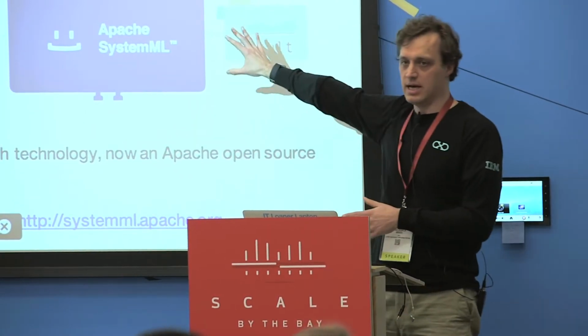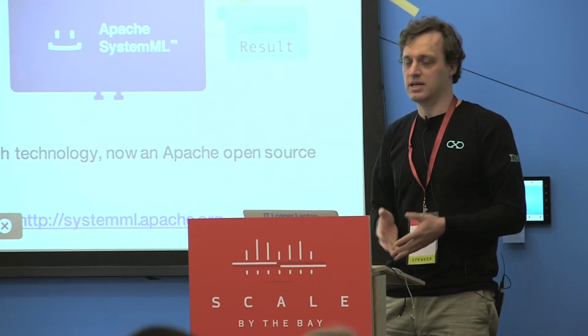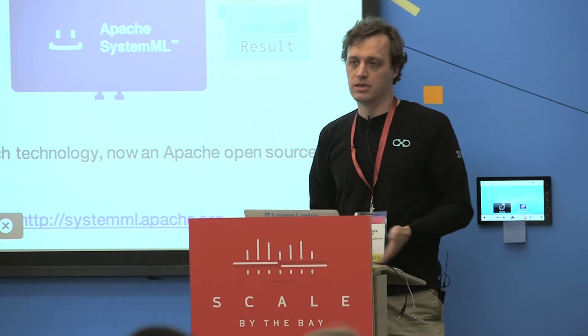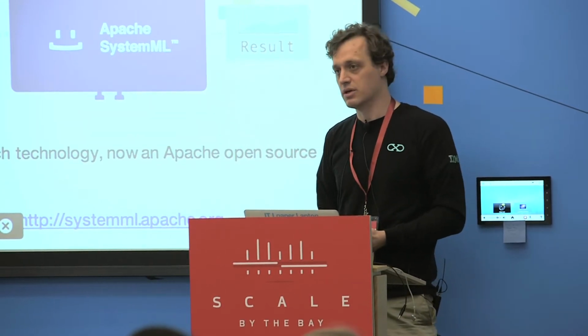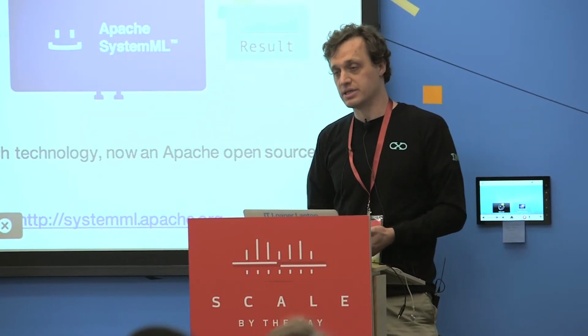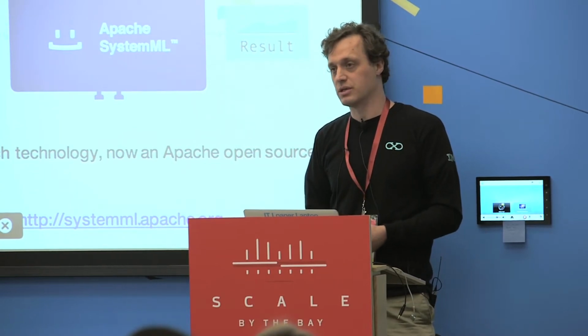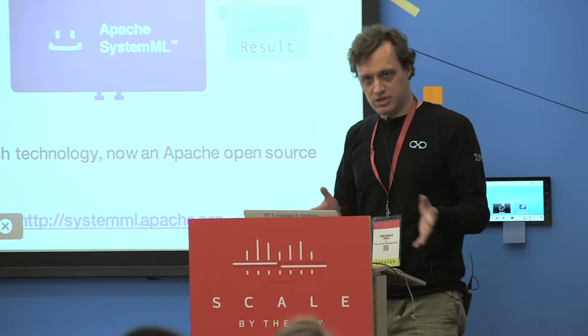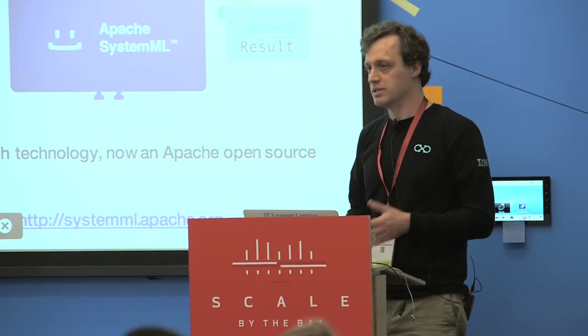What's inside that big blue box is a lot of advanced technology that was originally IBM research technology that IBM donated to the Apache Software Foundation in 2014 to create Apache SystemML, which is now a full-fledged Apache top-level project.